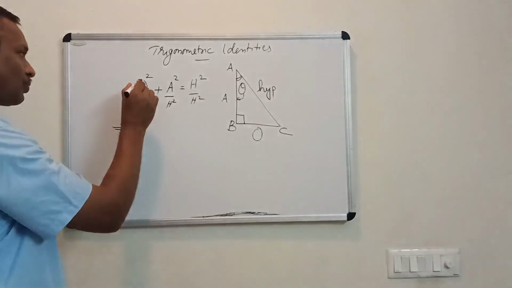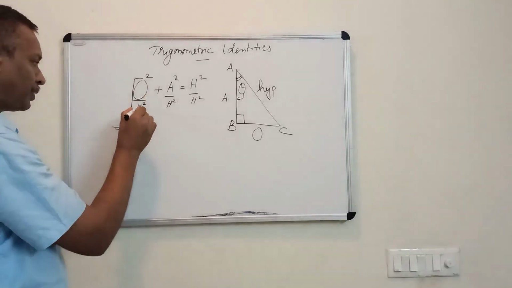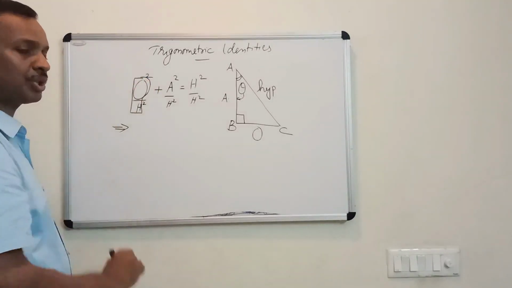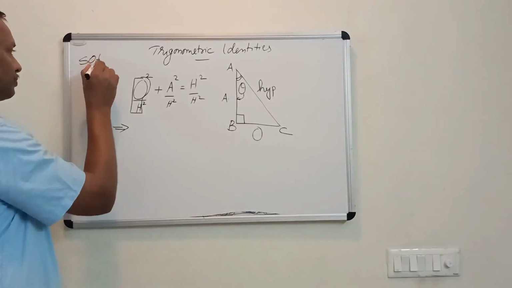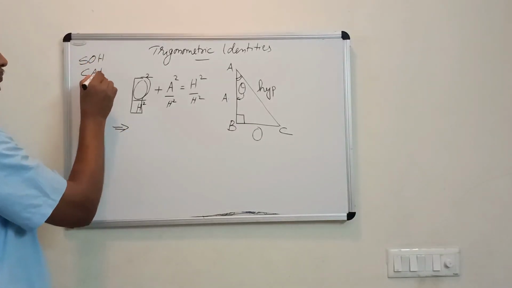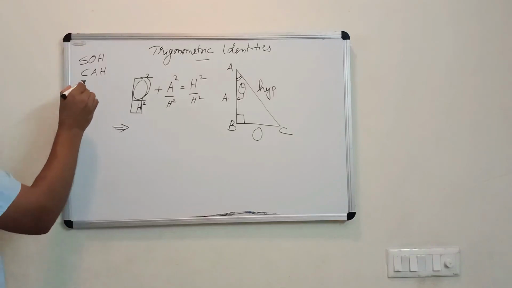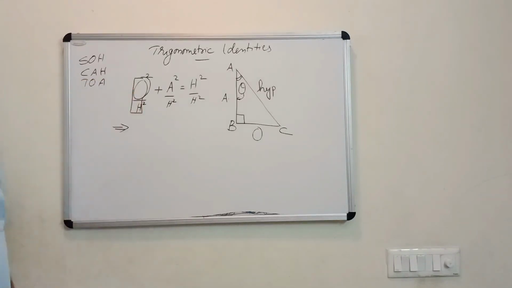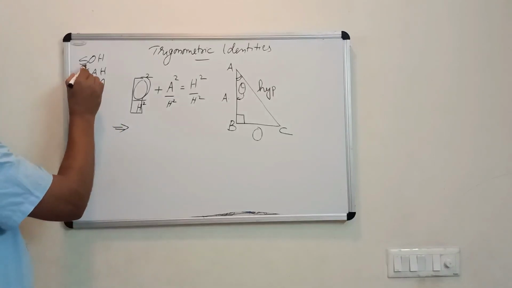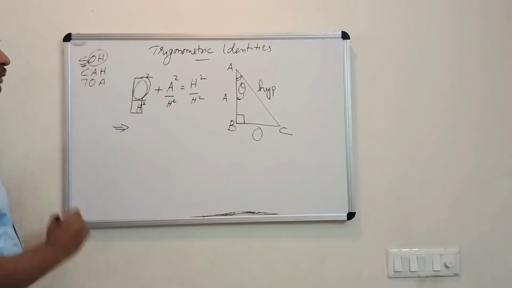So, you know what is opposite by hypotenuse? From trigonometric ratios, you know this is SOHCAHTOA. So opposite by hypotenuse is called sine. You can see here, opposite by hypotenuse.